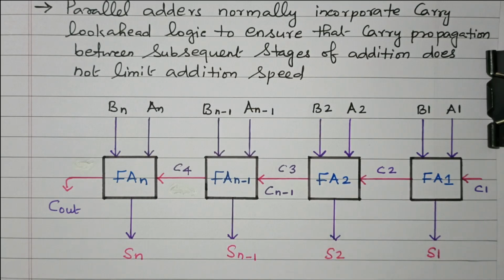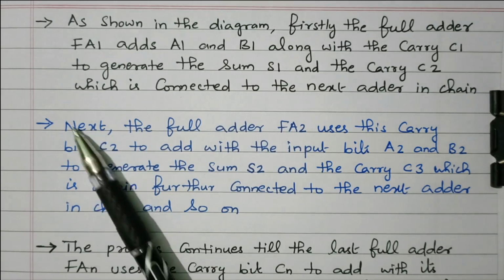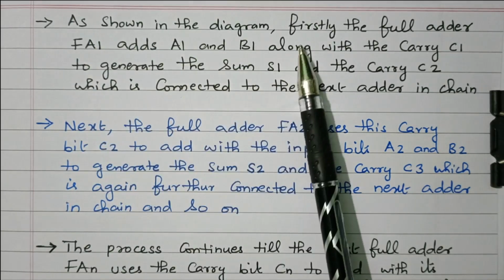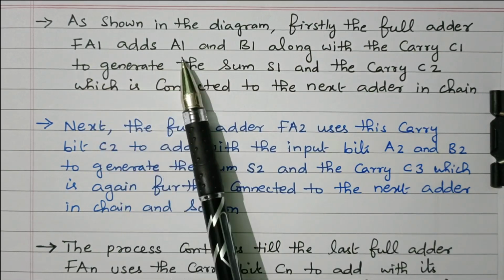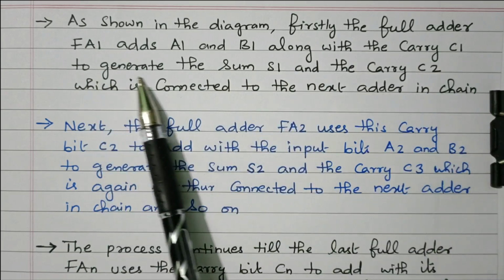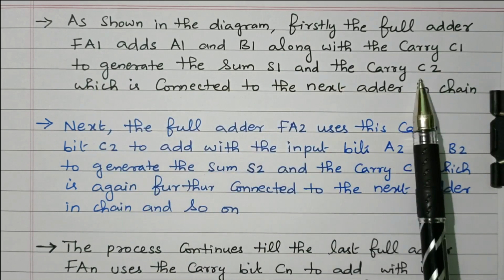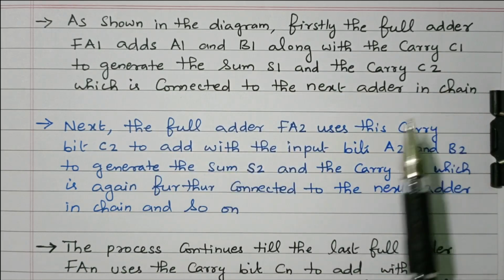Now we'll see the further details. What we discussed is described as shown in the diagram. Firstly, the full adder FA1 adds A1 and B1 along with the carry C1 to generate the sum S1 and carry C2, which is connected to the next adder in the chain.